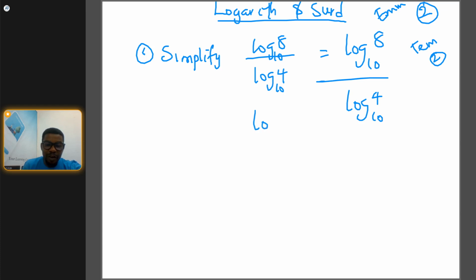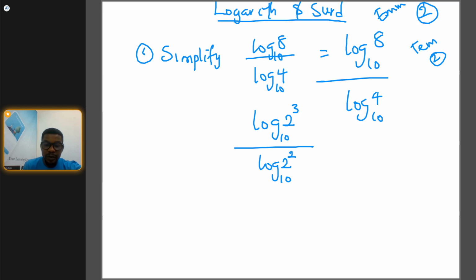So if I have log 8 base 10, it's the same thing as log of 2 raised to power 3, base 10. Do you agree with me? Divided by this, the expression I have here can also be written as log of 2 raised to power 2, base 10.